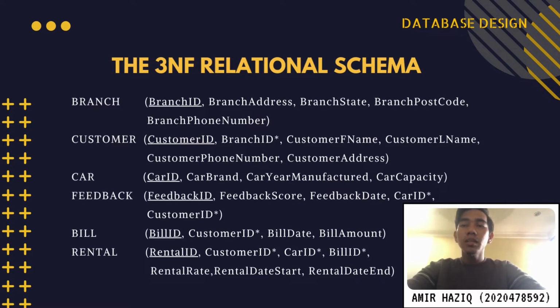In the bill entity, we have bill ID as primary key, customer ID as foreign key, and the other attributes are bill date and bill amount. In the rental entity, we have rental ID as primary key, customer ID, car ID and bill ID as foreign keys, and the other attributes are rental rate, rental date start and rental date end.